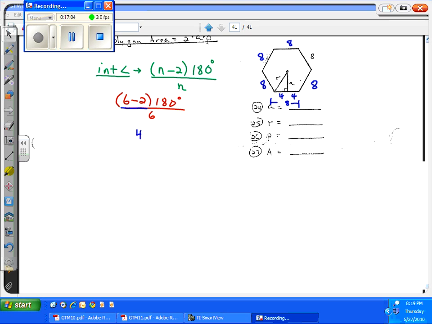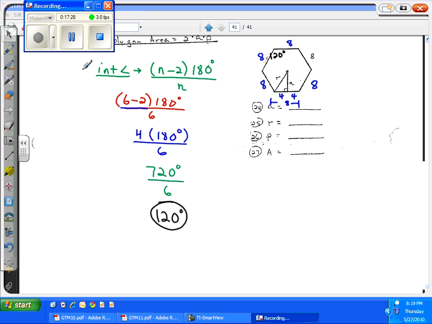So we would have 4 times 180 degrees divided by 6, which would give us 720 degrees divided by 6. So each interior angle of a regular convex hexagon is 120 degrees.